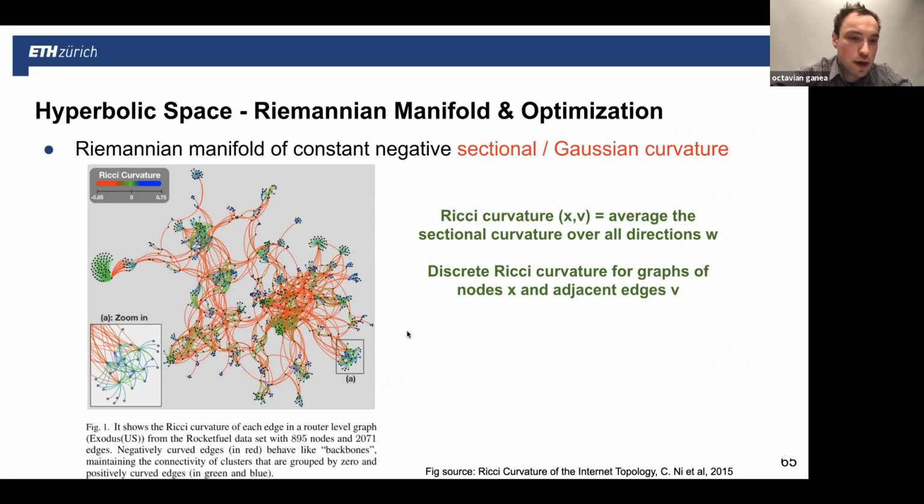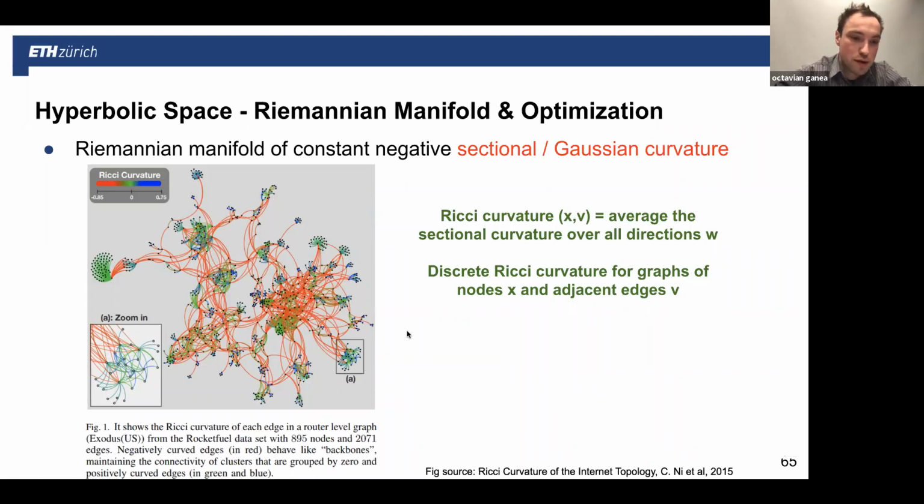Green means Euclidean, blue is more like spherical spaces, and red is hyperbolic or negative spaces. You can see that the core backbone edges or links in this internet topology graph correspond to negative Ricci curvature, which is again a motivation of why using hyperbolic spaces might be a good idea for some types of data.